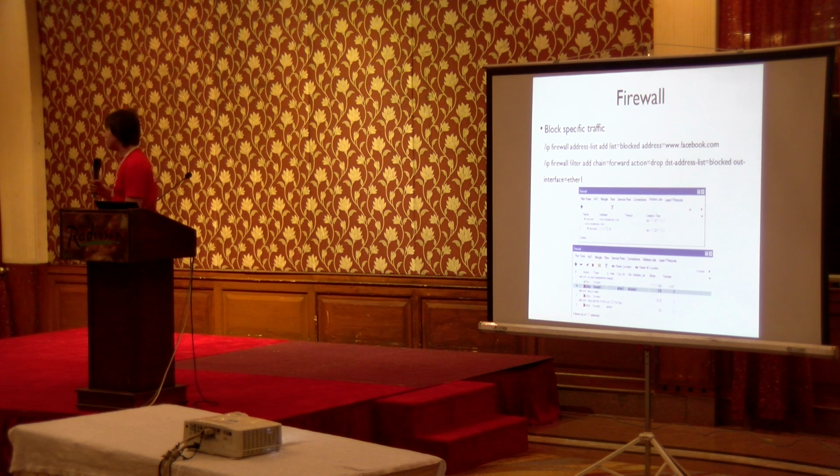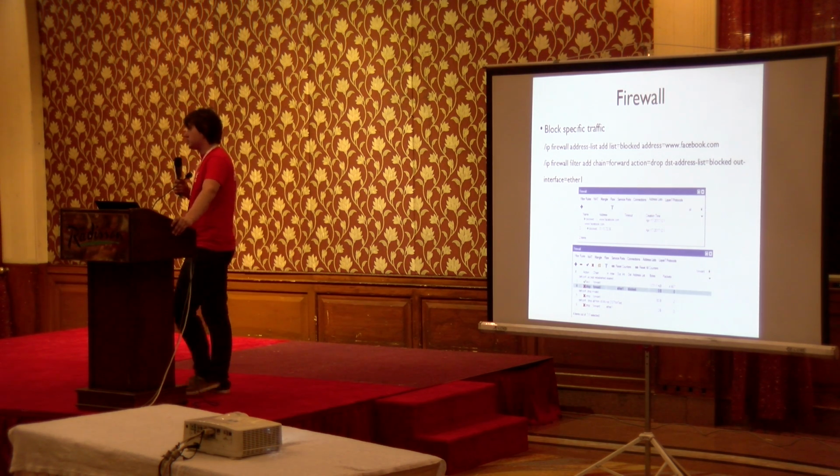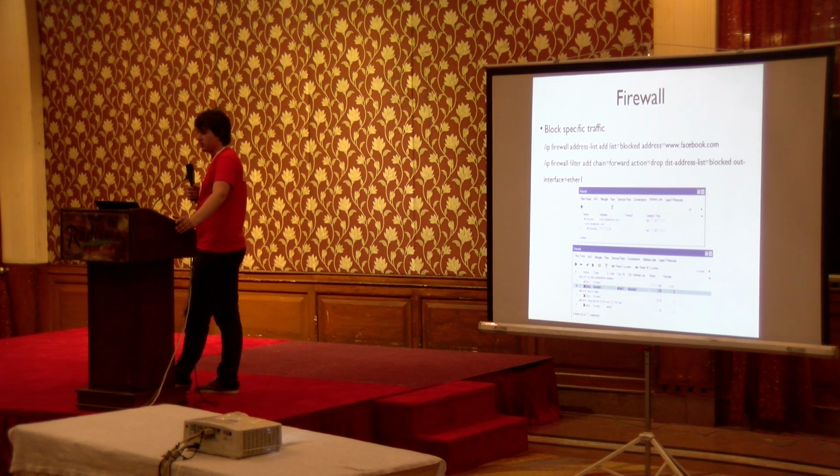In cases where you want to block some web resources, for example, resources that use the HTTPS protocol, you would need to use the IP address, because the SSL connection can't really be matched by the firewall unless you use the IP address.